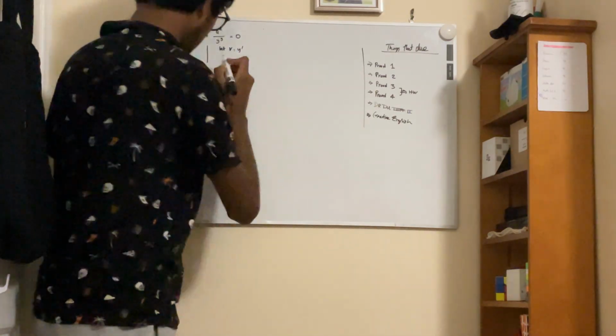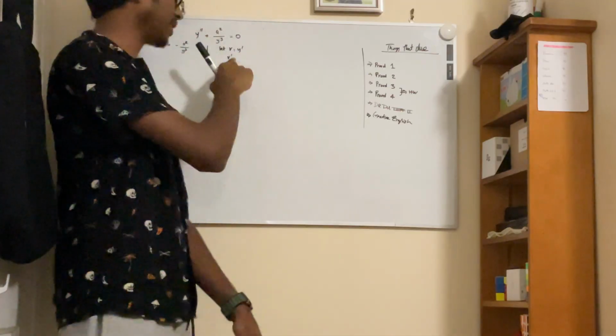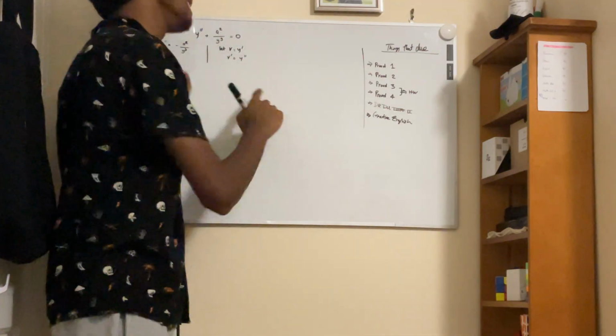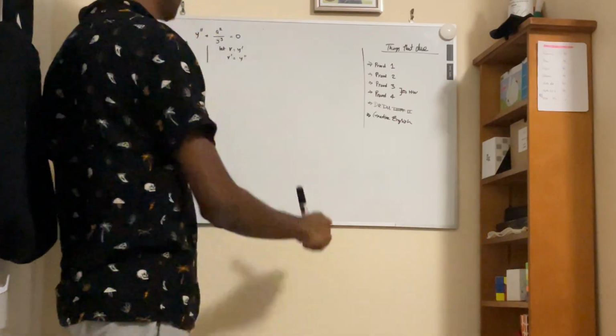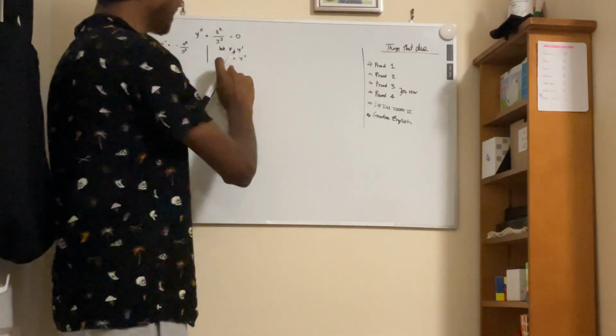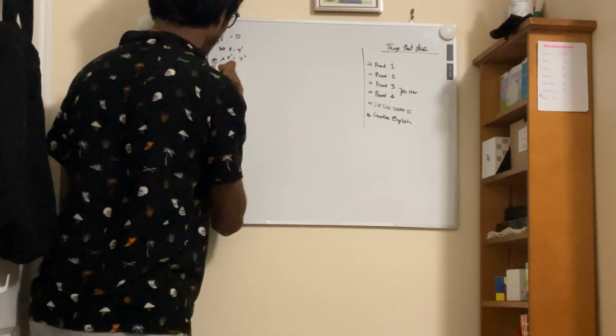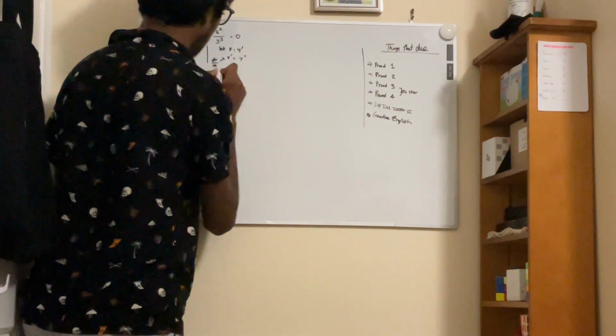Now what you notice is that when you differentiate v, v dash is equal to y double dash. And that's pretty cool. Let's call it dv on dx.